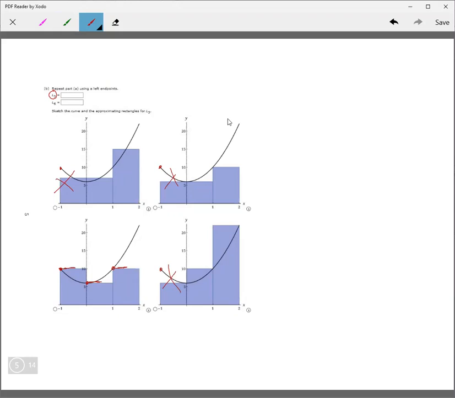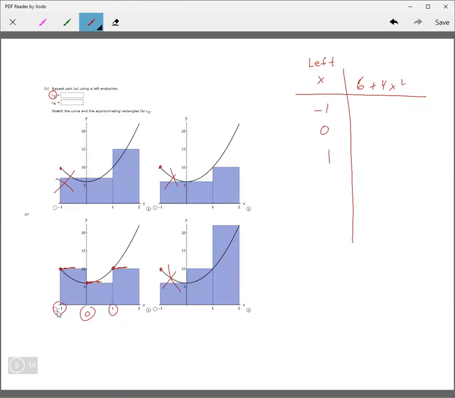Okay, so the left endpoints are -1, 0, and 1. These are the left endpoints right here. So we're not using the 2.